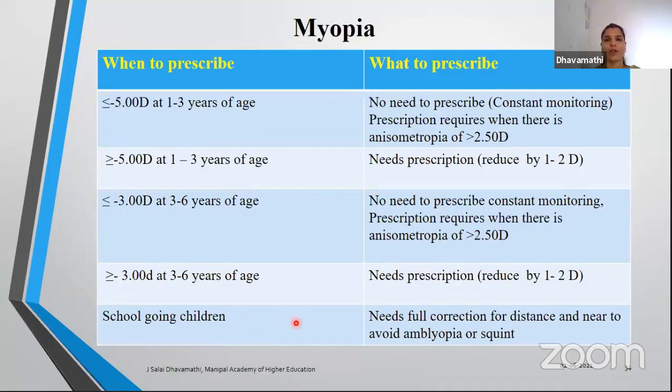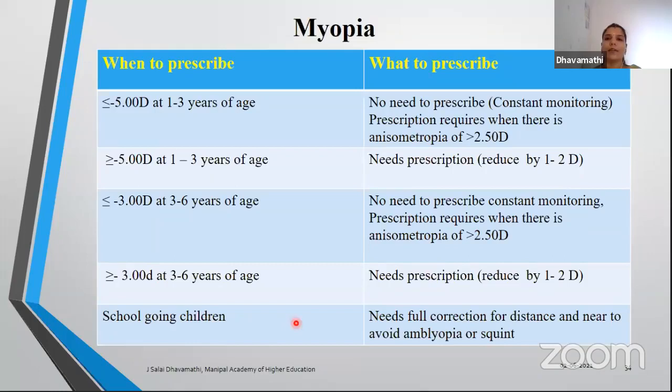There are different myopia control options, like pharmacological options, optical interventions, environmental modifications, and surgery. So depending on the degree of the myopia and the child's willingness or the parents' acceptance, we can prescribe the best option to the child.